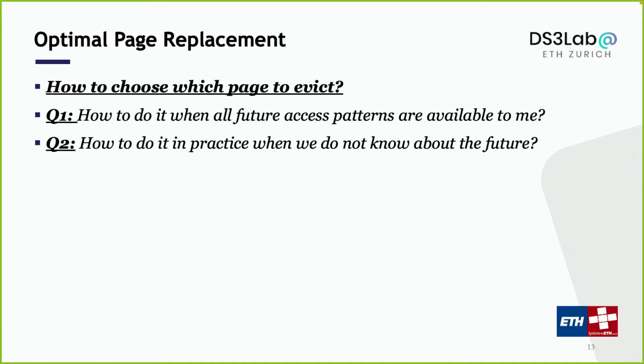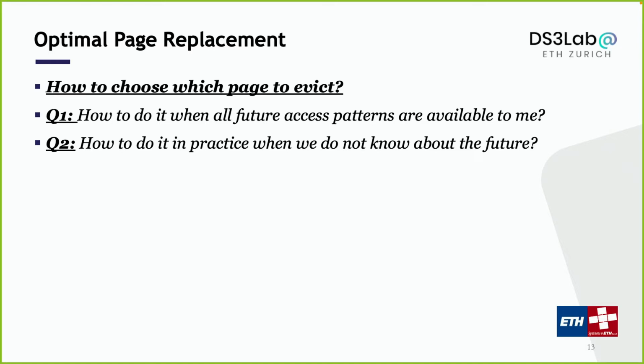That gives you essentially the upper bound of the performance in evicting a page. The second question is, let's weaken our assumption a little bit. I don't know about the future. What should I do in practice if I know nothing about the future, or if I know only a little bit about the future?